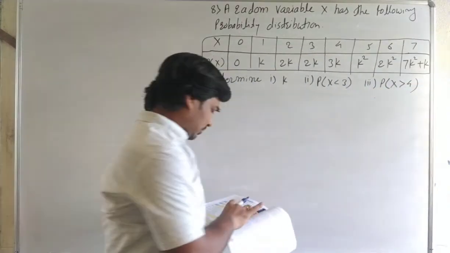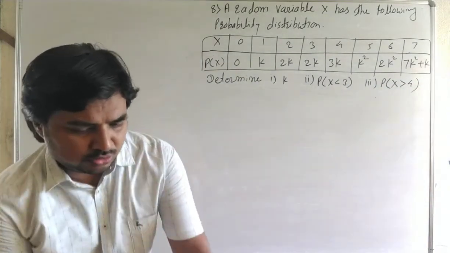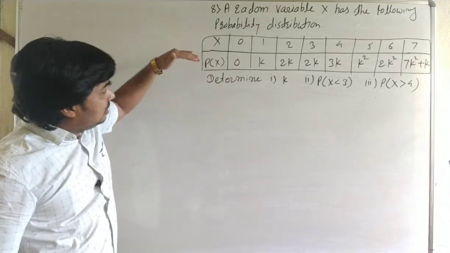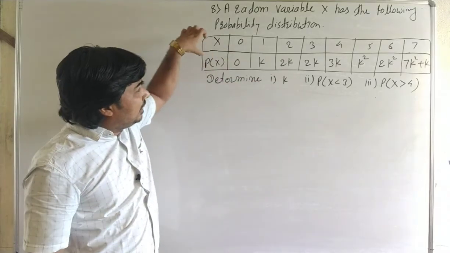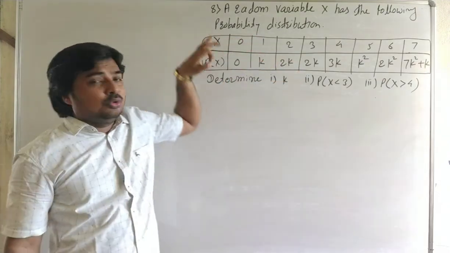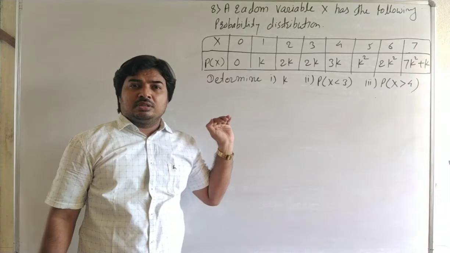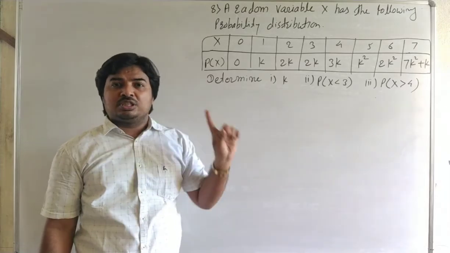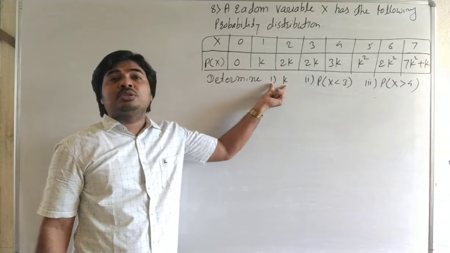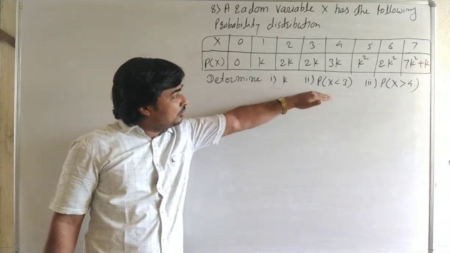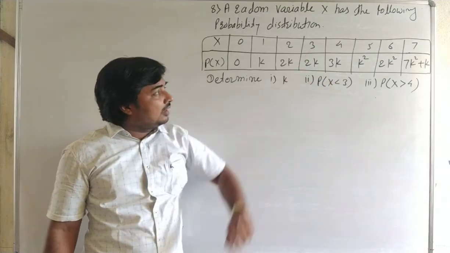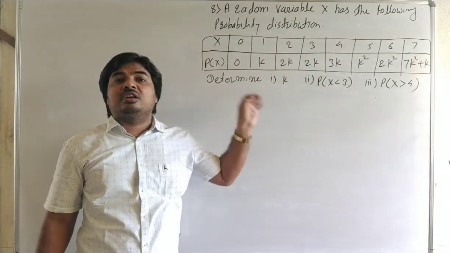Now see carefully. First we find the value of k. Here it is a probability mass function, and we know that in the probability mass function the sum of all probabilities is equal to 1. By using this condition we find the value of k, and then by using the cumulative distribution function we find the probability of X less than or equal to 3 and probability of X greater than 4.